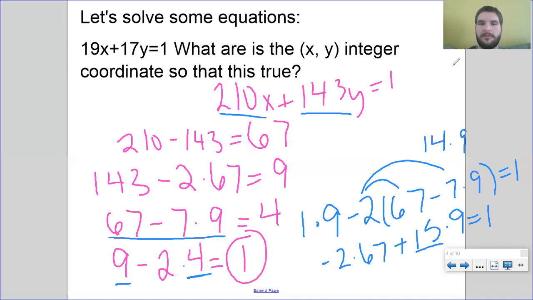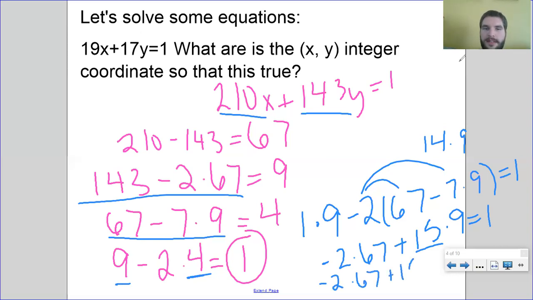Okay, now we got 9s. 9s are really 143 minus 2 times 67. So minus 2 times 67 plus 15 times 143 minus 2 times 67 equals 1. Yikes. I'm running out of room, gang. I'm gonna have to erase this above line.